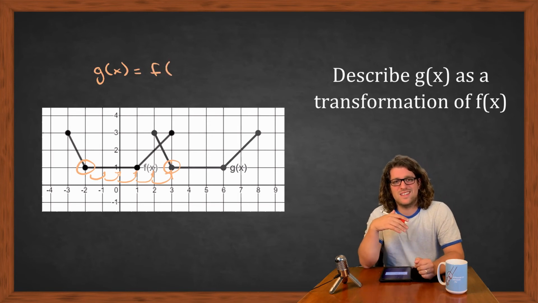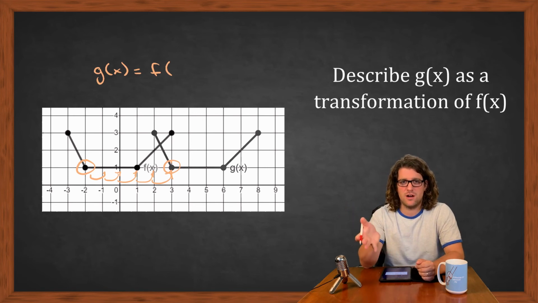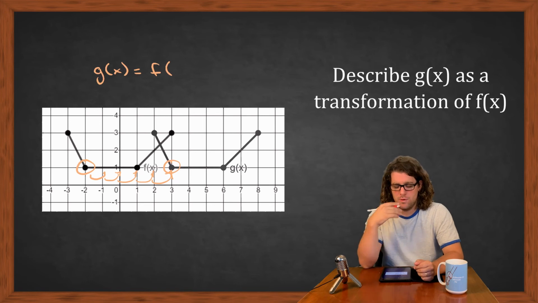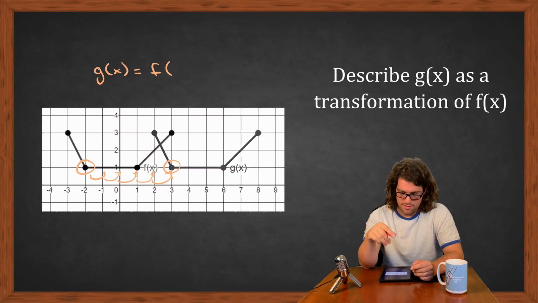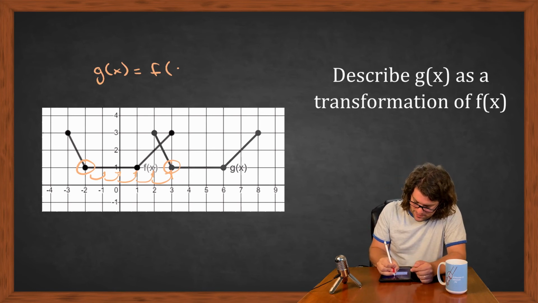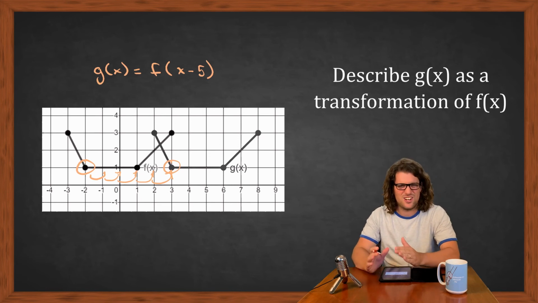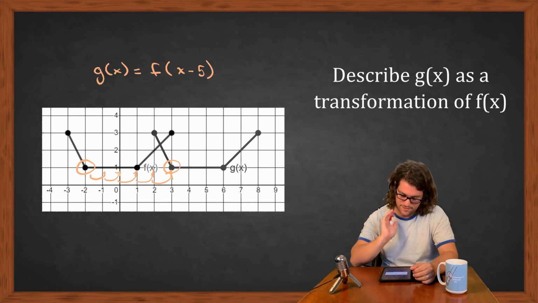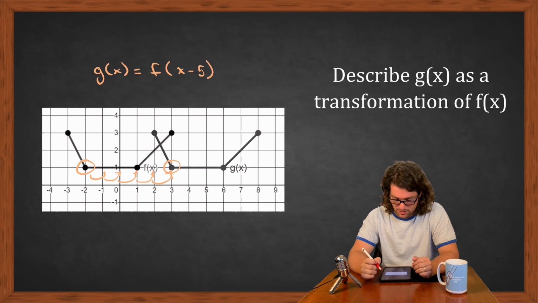That works by using the h parameter, and the h parameter is x minus h inside of the argument. We want this thing to move 5 units to the right. So 5 units to the right is a +5 for the h parameter, which means it's x minus +5, or just x minus 5, because our h parameter was a +5 in this particular case.